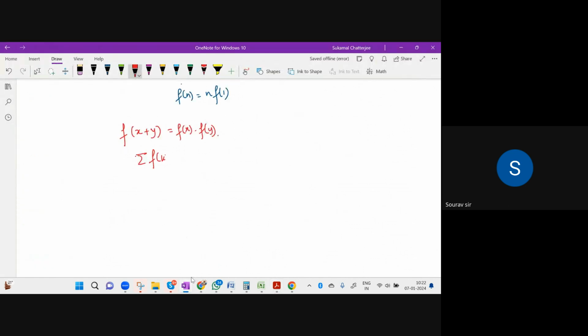Sum of f k, where k goes from 1 to n, will be what? It's an easy one. Use the solution that we got for f x.